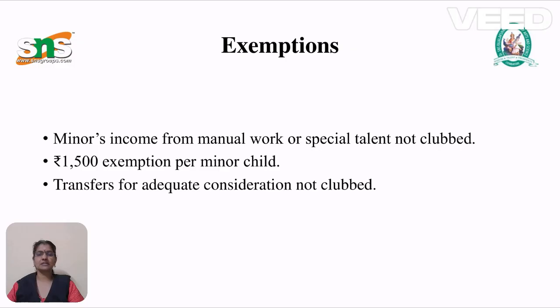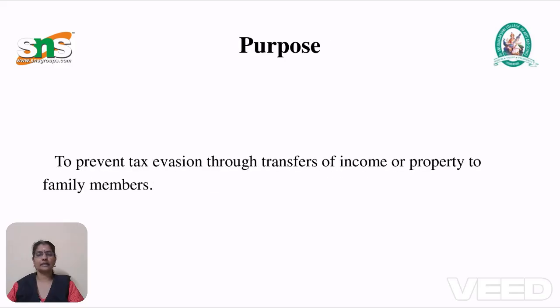Second, each minor child gets an exemption up to 1500 when we calculate the clubbing of income. Third, transfers for adequate consideration are not clubbed. These are the three main exemptions under the clubbing of income.